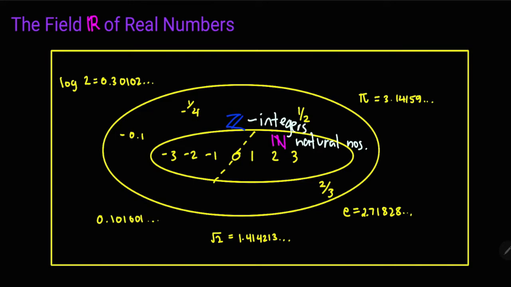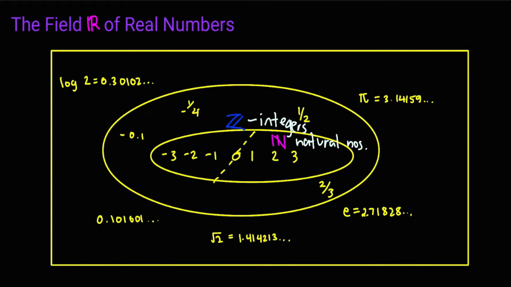Now, if we divide two integers, except when the denominator is 0, what we get is a fraction or a quotient. For example, 1 divided by 2, or 2 divided by 3, or negative 1 over 4. Sometimes you can also express this quotient as decimals, for example, negative 0.1. Now, there are also fractions which, when we express them as decimals, we get what we call non-terminating decimals.